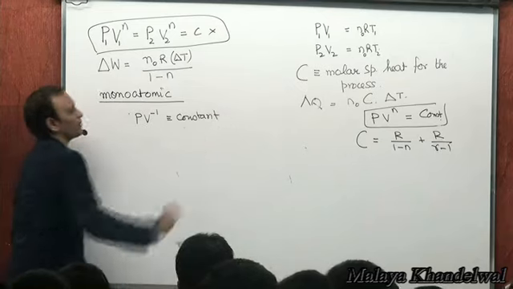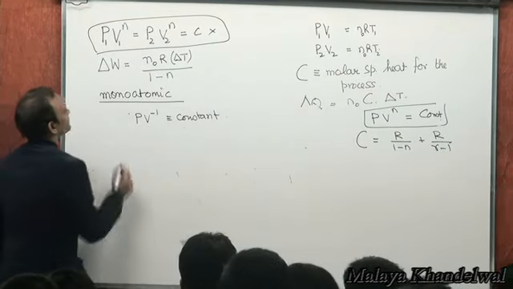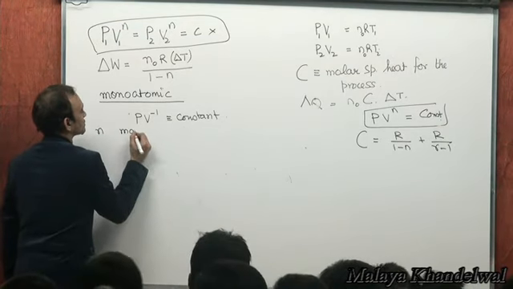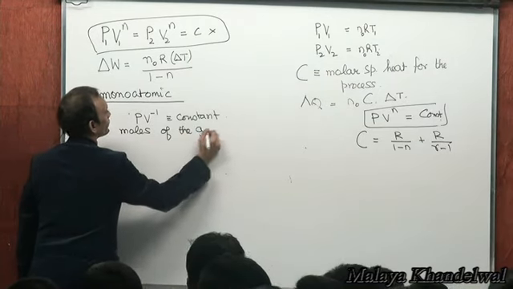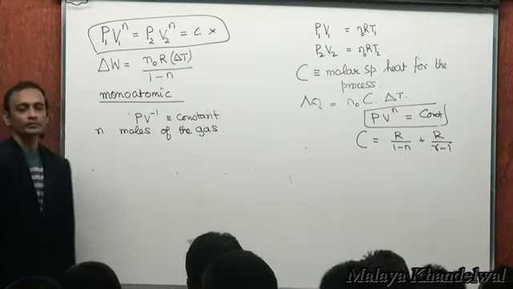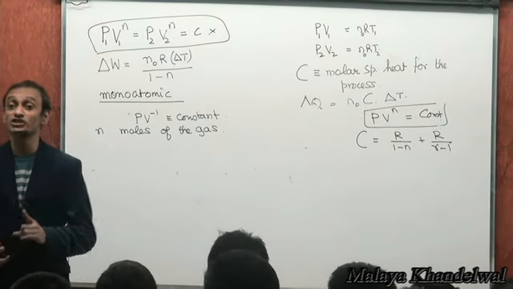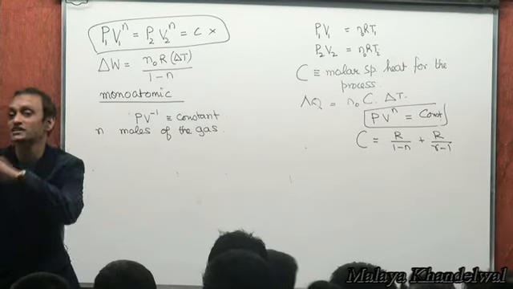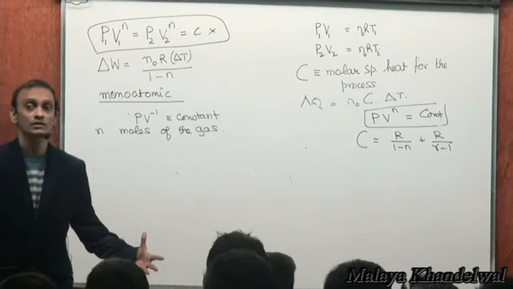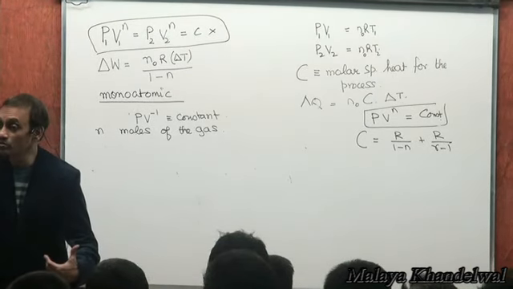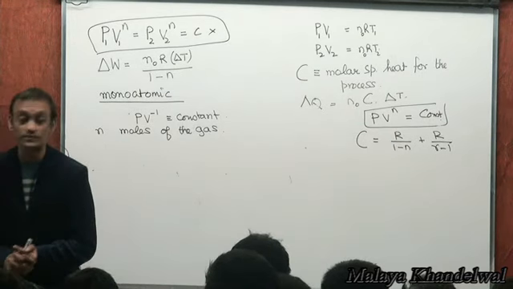And say there were n moles of the gas. And they said, find the amount of heat required during the process for n moles to raise the temperature of the gas by an amount delta T.